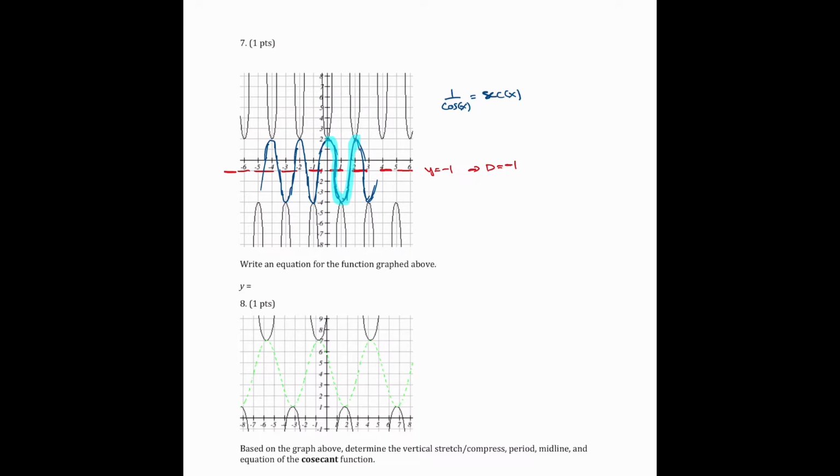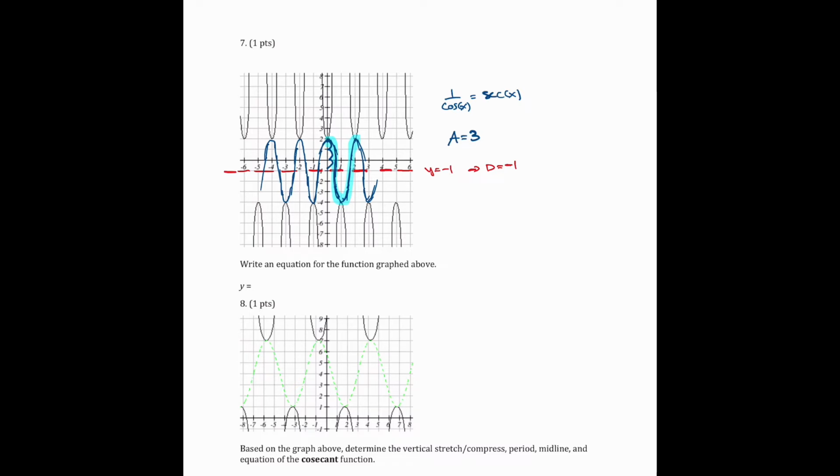Now, in order to find the equation for the graph, I'm going to find A, B, C, D. Again, A is the amplitude, and in this case the amplitude is 1, 2, 3, so A is equal to 3. And then I want to find B. B comes from the period length.